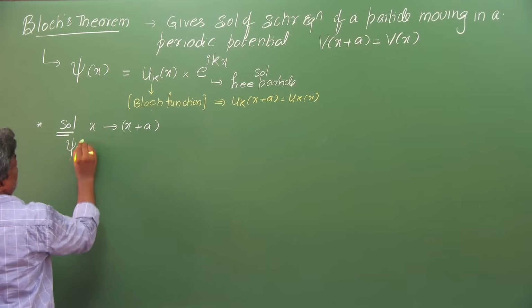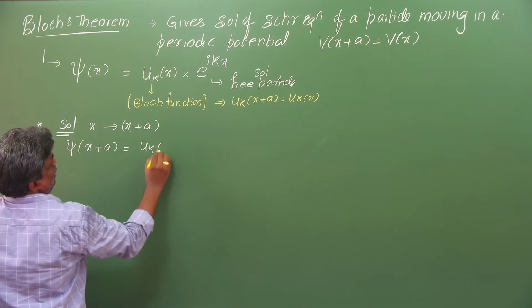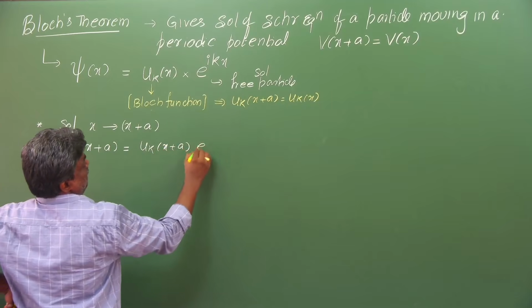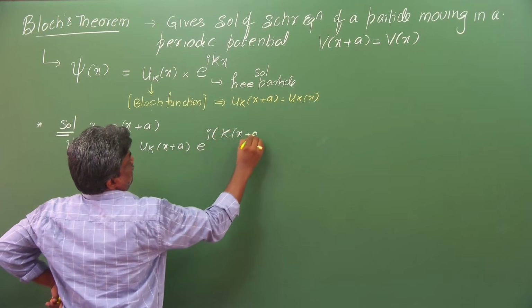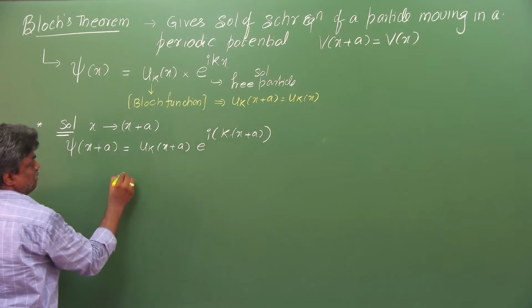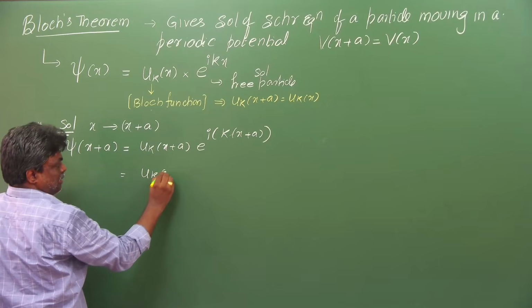Then psi of x plus a equals u_k(x plus a) e raised to ik(x plus a). This is what I am saying. Listen. This already has the periodic property.